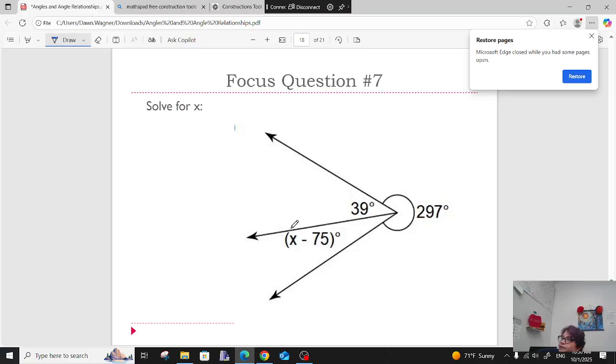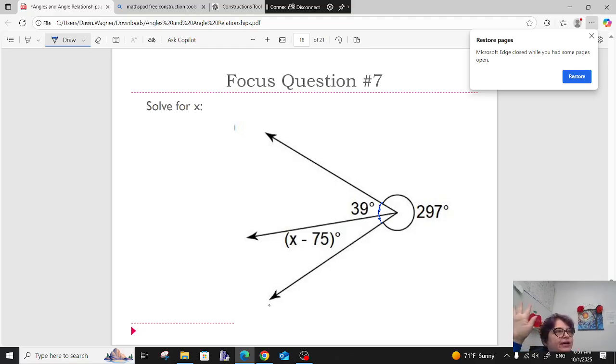Oh, boy, that one looks funky. Any ideas? You are right. If I connected this, what shape do you see here? A full circle, right? And a full circle has to be 360 degrees.